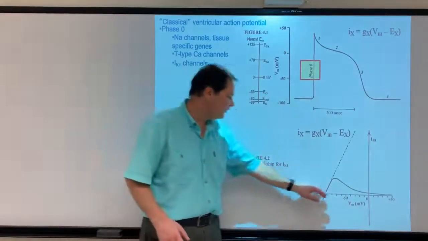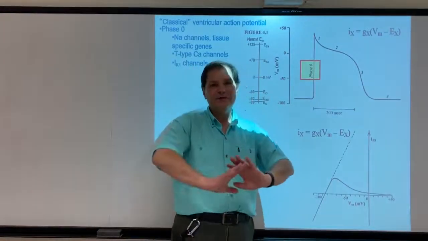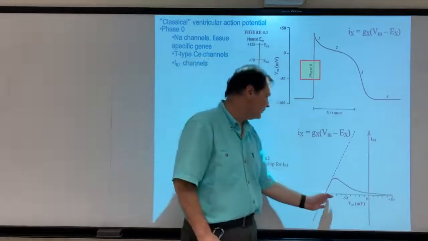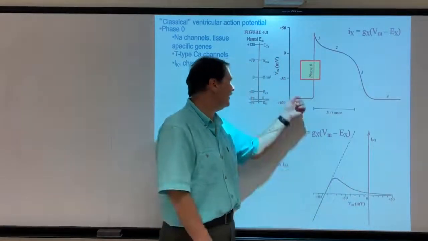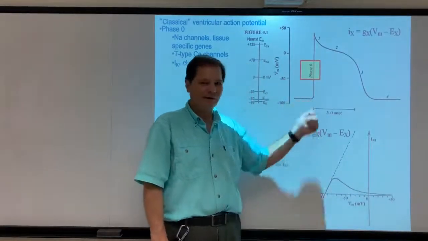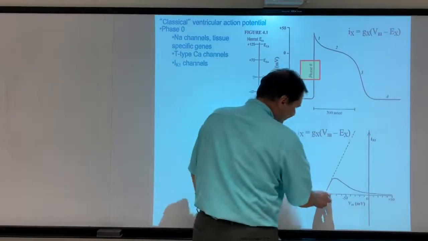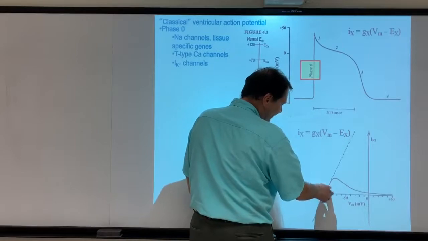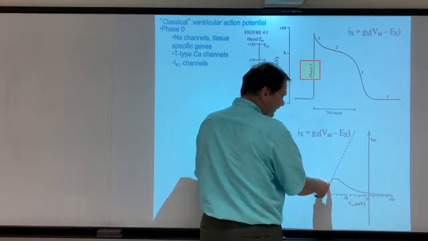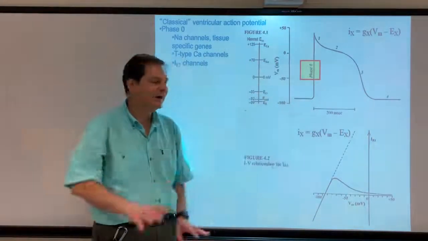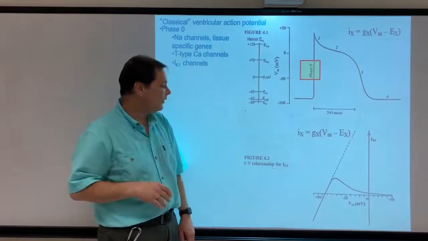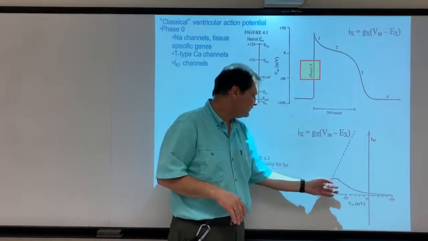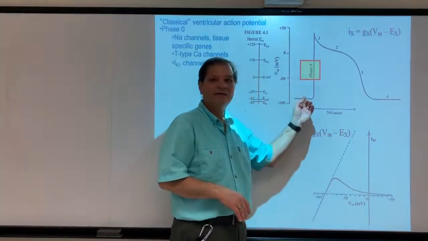And for this channel, physiologically, the current is always outward because the membrane voltage is always greater than minus 95. Resting potential here is about minus 88. And you'll notice that at about minus 88 or so, you have an outward current here. Potassium is going out of the cell, okay? And so what you find out is that this channel is mostly open at rest.